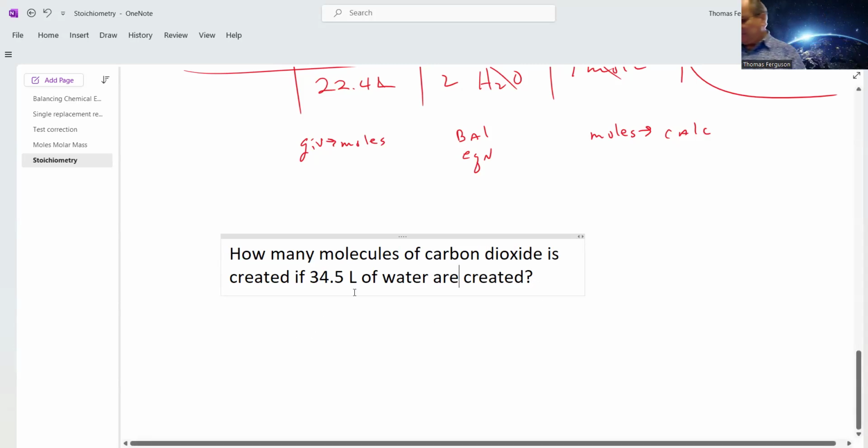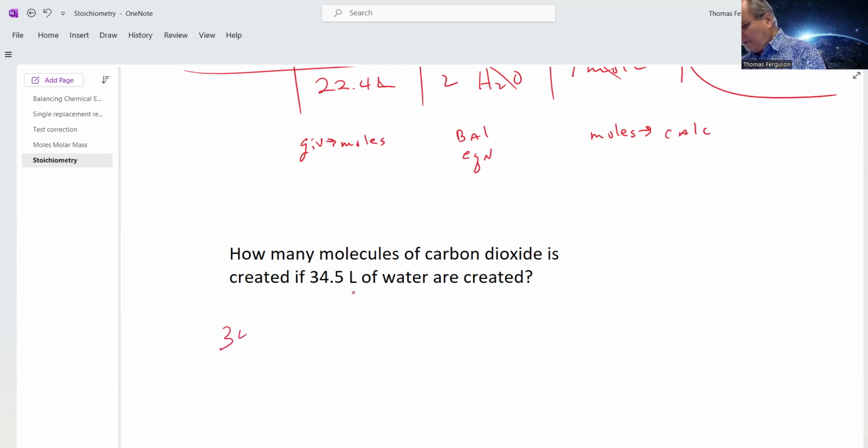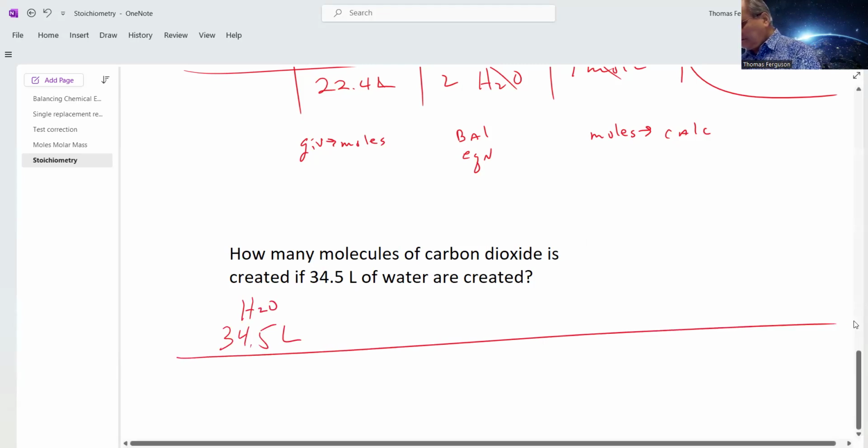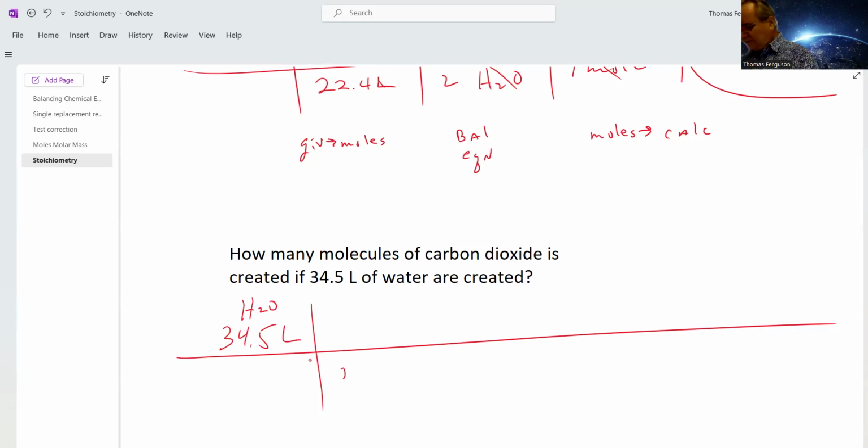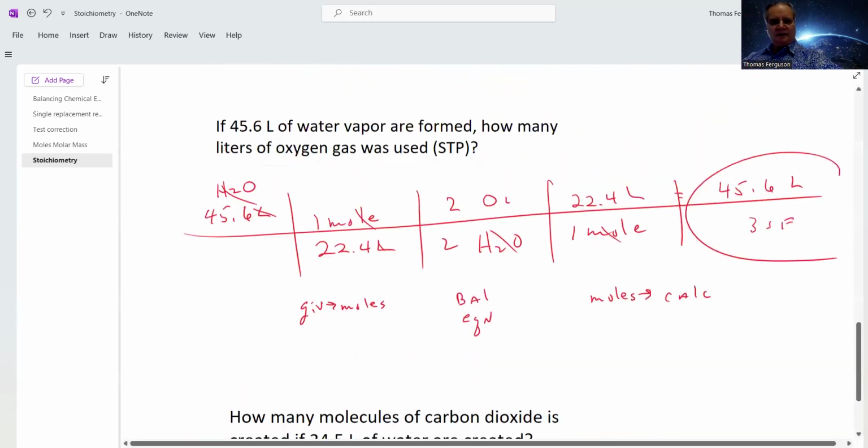Okay, so we're starting with 34.5. We need to get what's given to moles. So again, 22.4 liters. So that gives us the liters cancel, gives us moles. Then from our balanced equation, we need water and carbon dioxide.